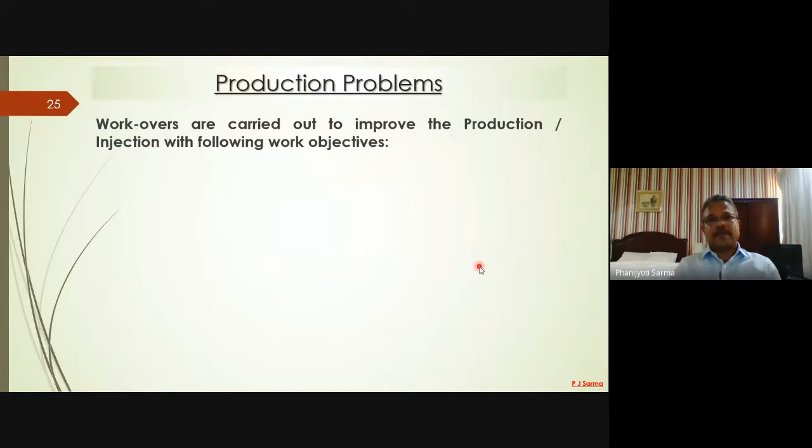Either the production is getting down or production is completely isolated, and sometimes the injection is having problems. So workover is carried out to improve or restore the reservoir performance.